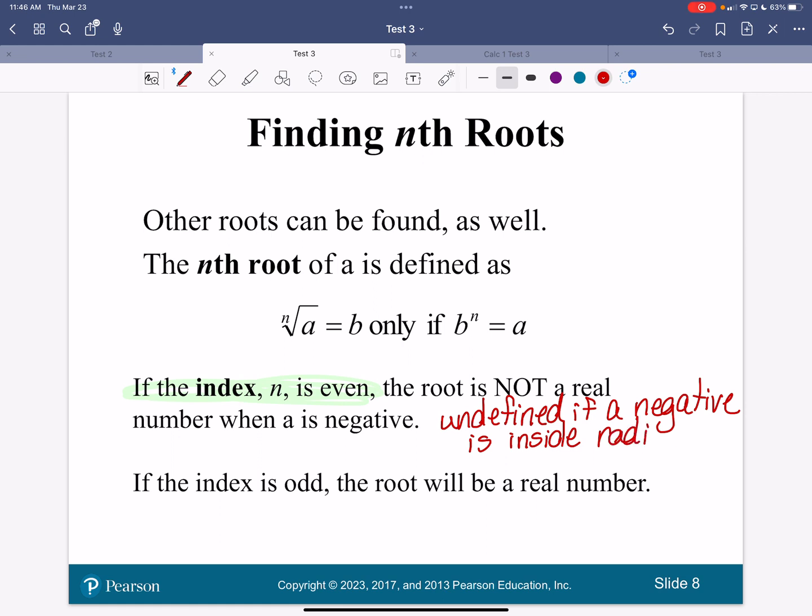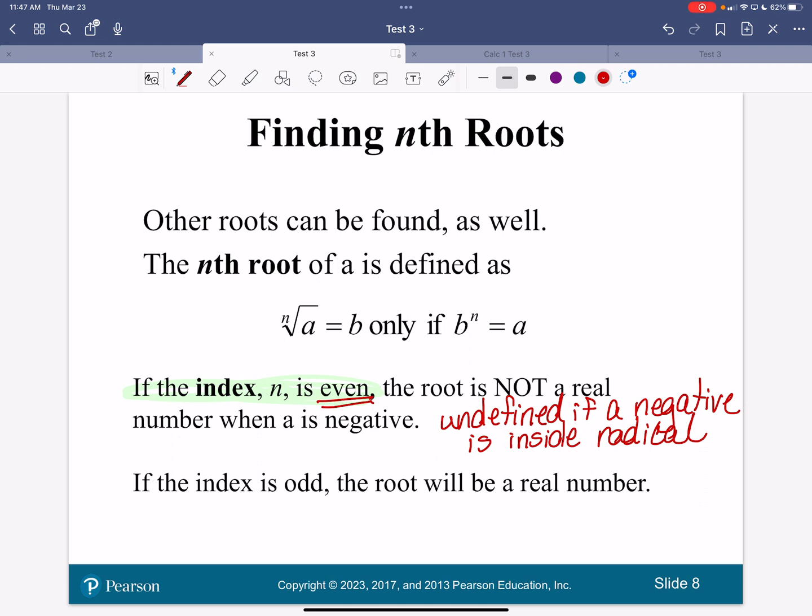Because we're not talking about imaginary numbers yet, it's not a real number. Remember, i is imaginary. i is not real. Okay? So the index, if it's even, that's the key part right there. If it's even, you cannot have a negative number inside the radical. And the radical is the same thing as a square root. It just covers any index.